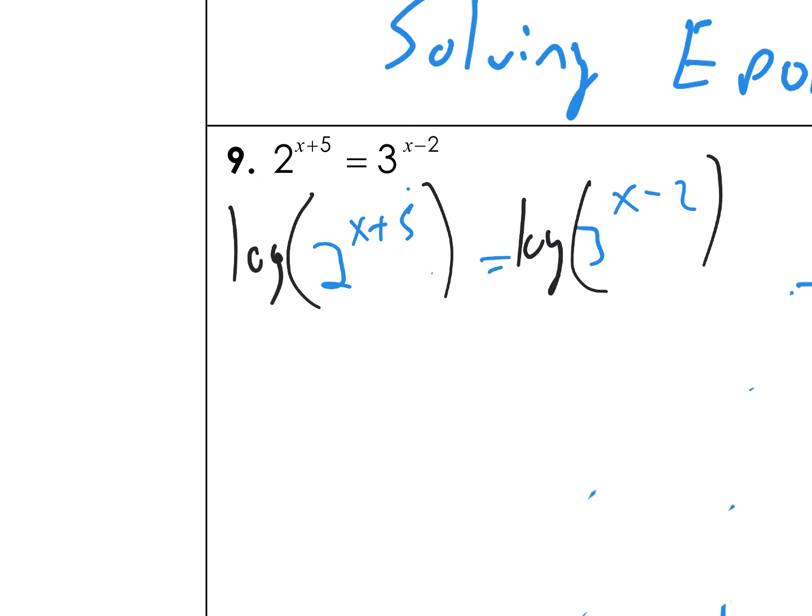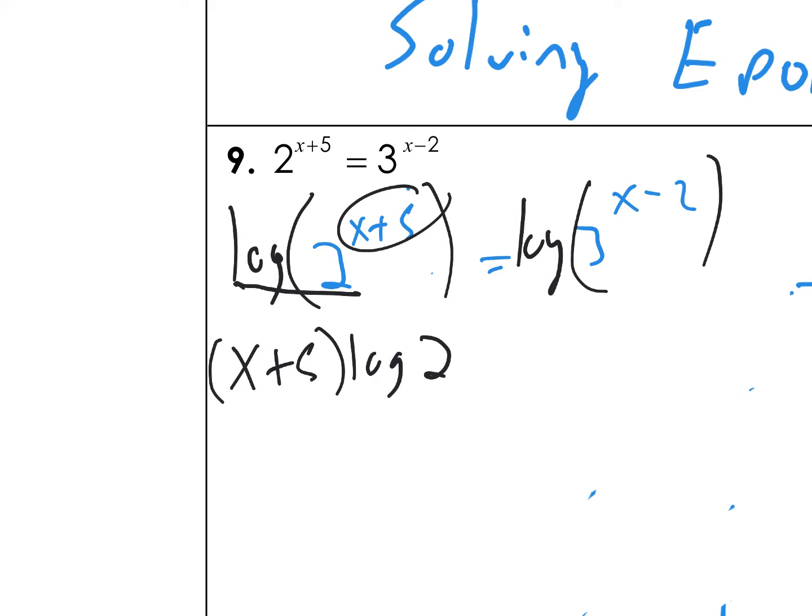Yes. Now, since the property of log says that if you take a log of something that has an exponent, the exponent can go where? To the front. So here it goes. x plus 5 times log of 2. And the other side, x minus 2 times log of 3. So now I'm not going to do anything stupid like I did the other day.